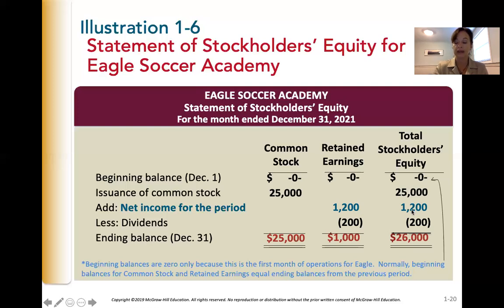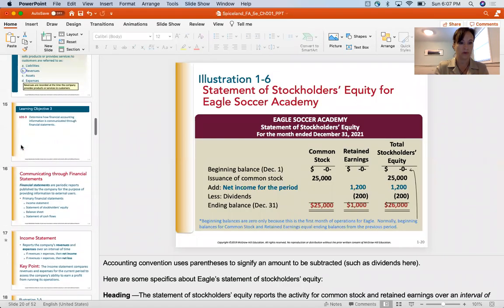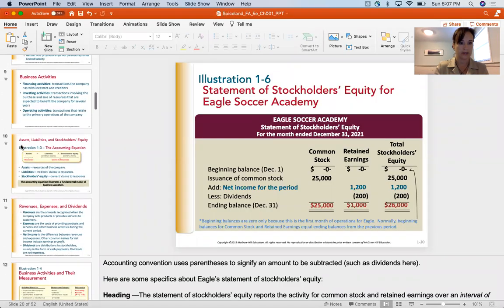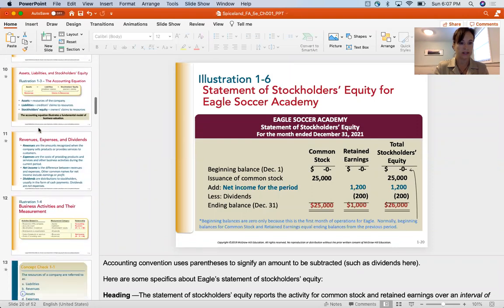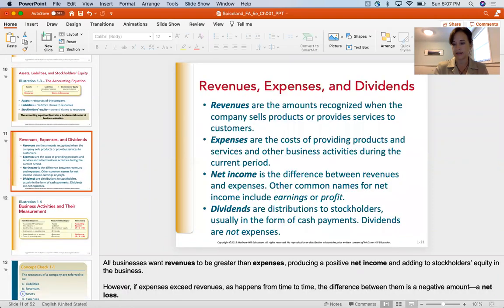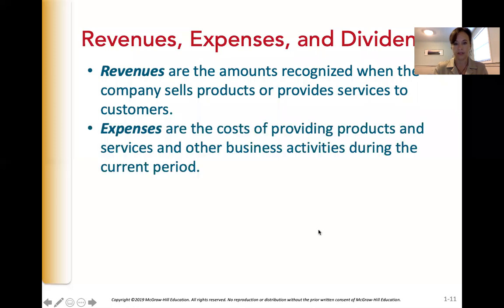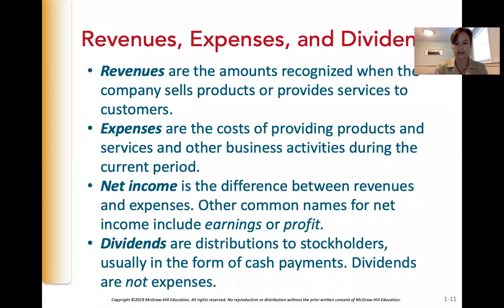And then finally, one of the things that I have skipped over until right now, so let's go back and look at the definition of it because I've just blown that off. Another thing that you're going to see are called dividends. So if a company is successful and they're a corporation, owners are going to be expecting to get something back.